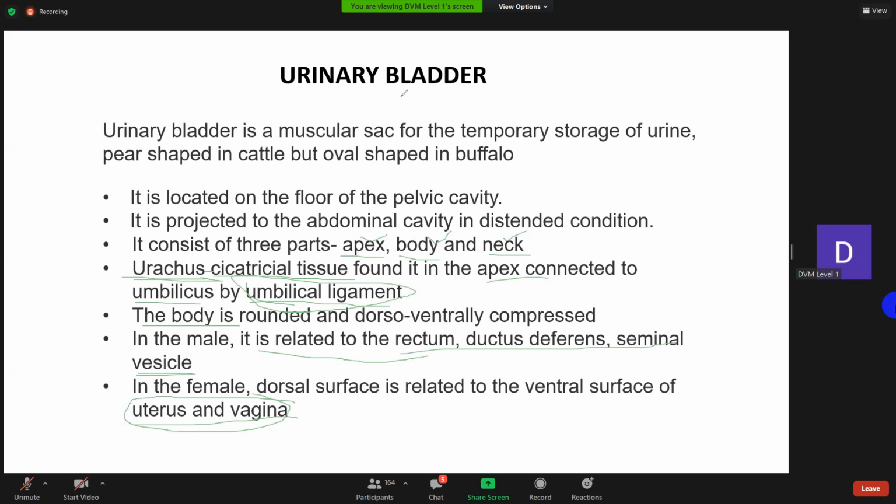Now we have a look in the next slide at how it looks, a pictorial view, so that we can understand what is the apex, body, and neck.